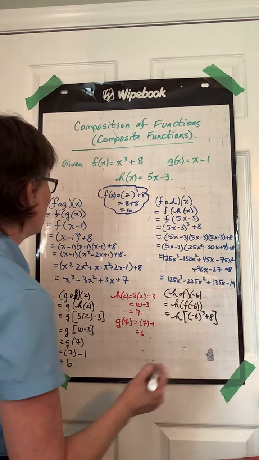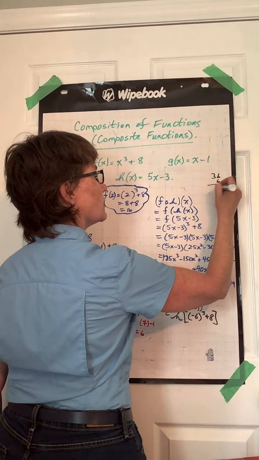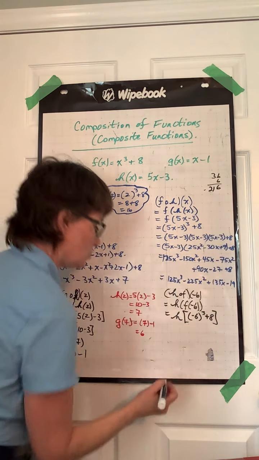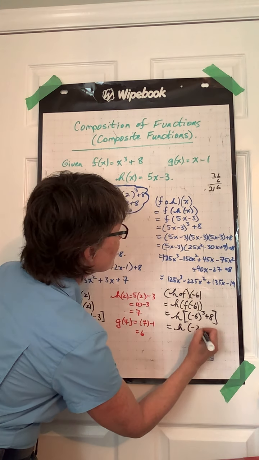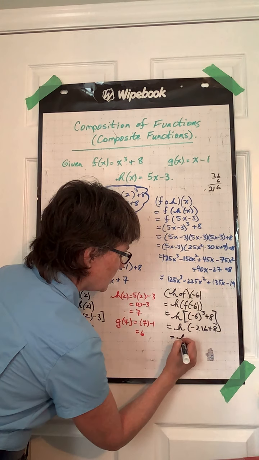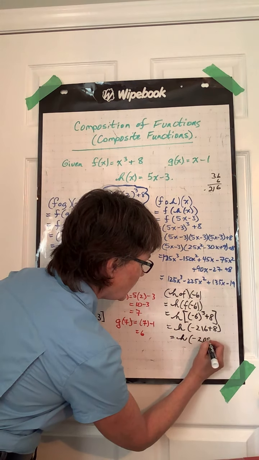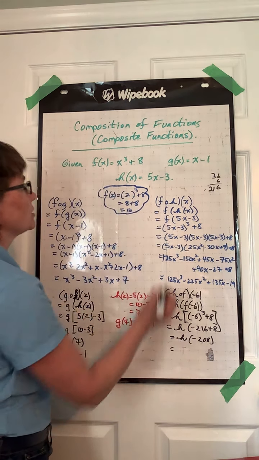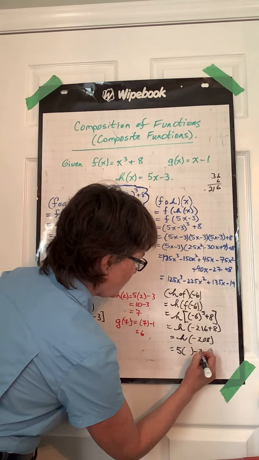Negative 6 cubed, so 36 times 6, negative 216, so h of negative 216 plus 8, which is h of negative 208.